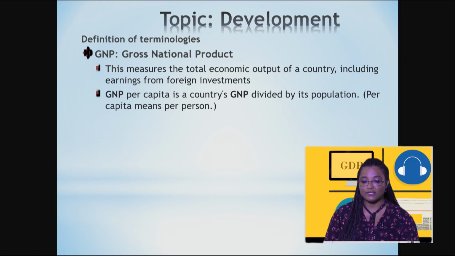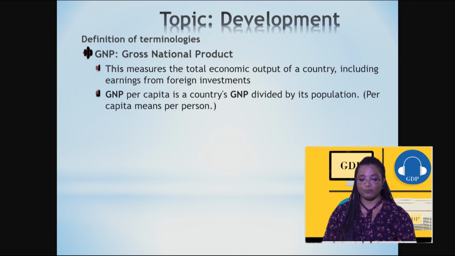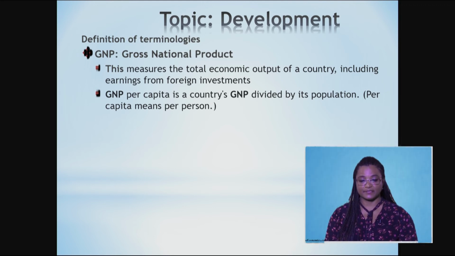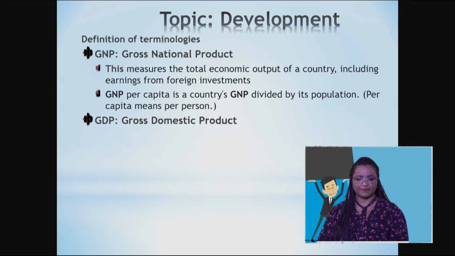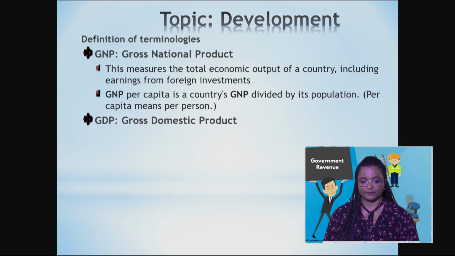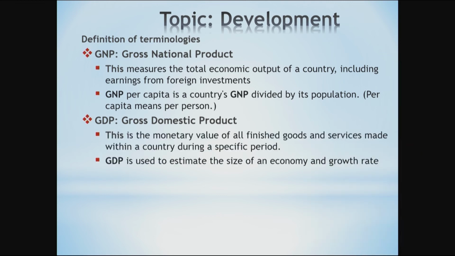This is a country's GNP divided by its population, and per capita means per person. What is GDP? GDP is the gross domestic product, which is the monetary value of all finished goods and services made within a country during a specific period. GDP is used to estimate the size of an economy and growth rate.